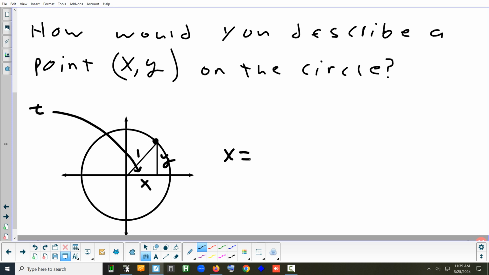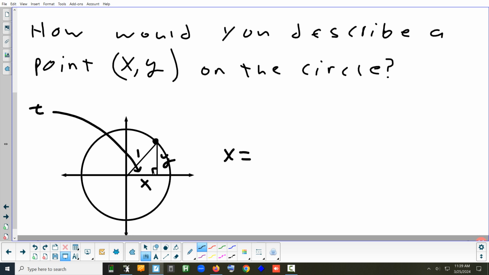Yep. The tangent of t is the y over x. Well, we want a formula for just x by itself. So we want a formula that doesn't involve y and x in the same trig function. We want separate trig functions. Law of sines, law of cosines? Nope, it's a right triangle. So you're going to stick with right triangle stuff.